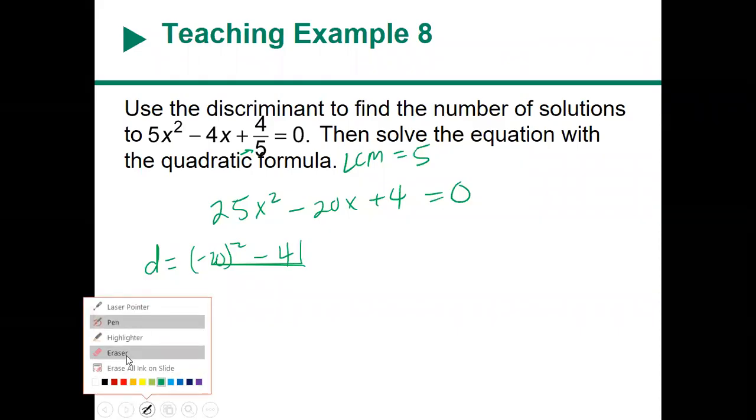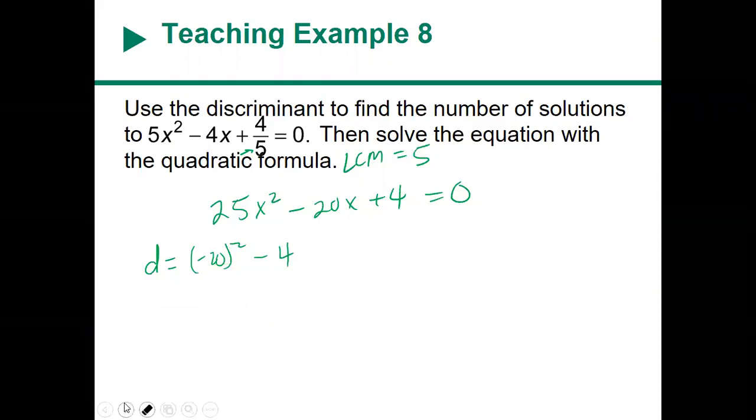I didn't do that, y'all. Minus 4, and my a is 25, and my c is 4. So that gives me 400 minus 400, which equals 0.